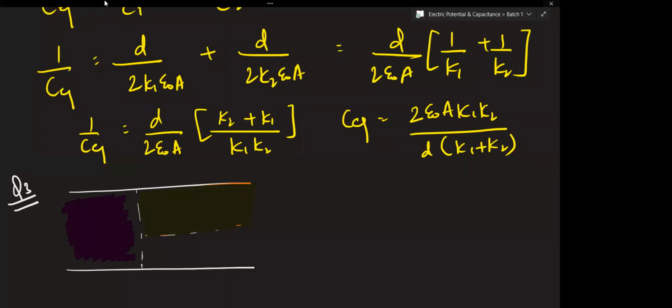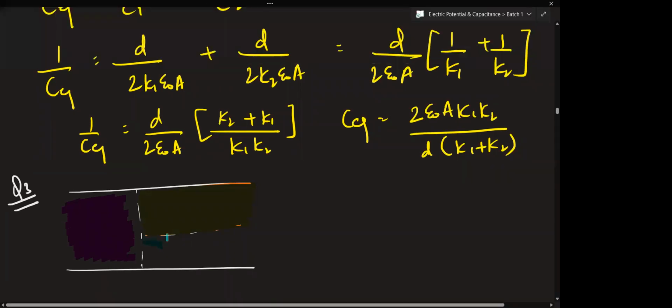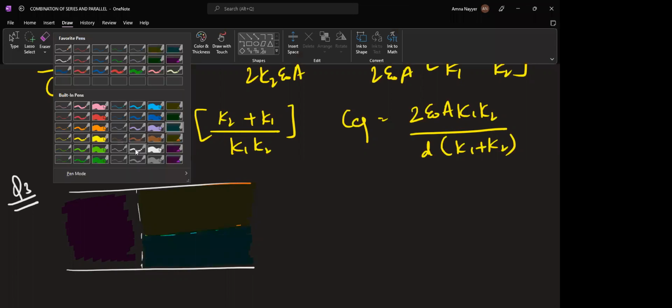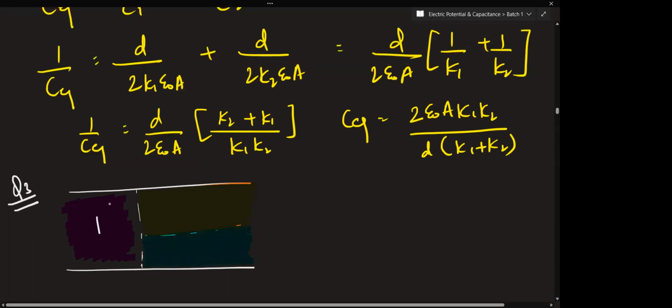And a third dielectric slab is there, filling it in this manner. These are your dielectric slabs given. So take this as K1, this as K2, this as K3.